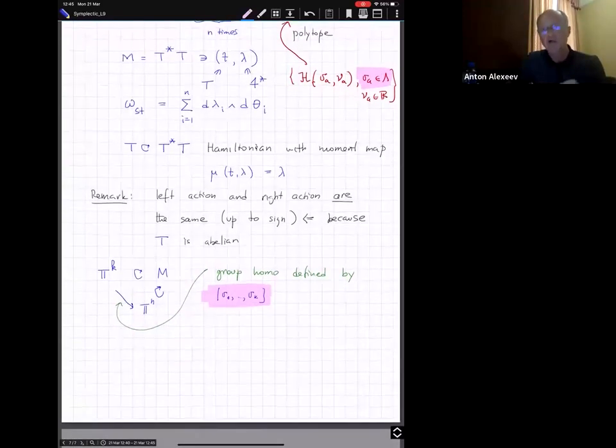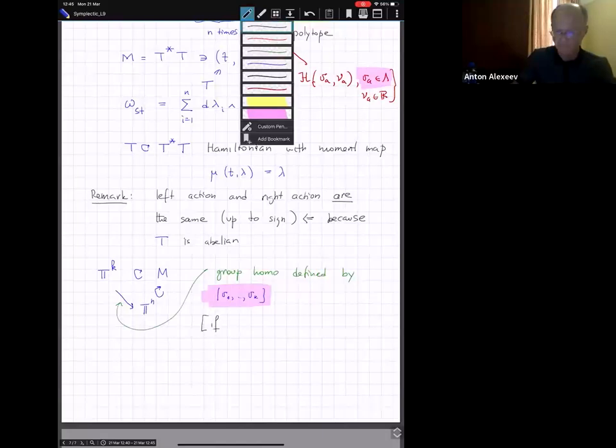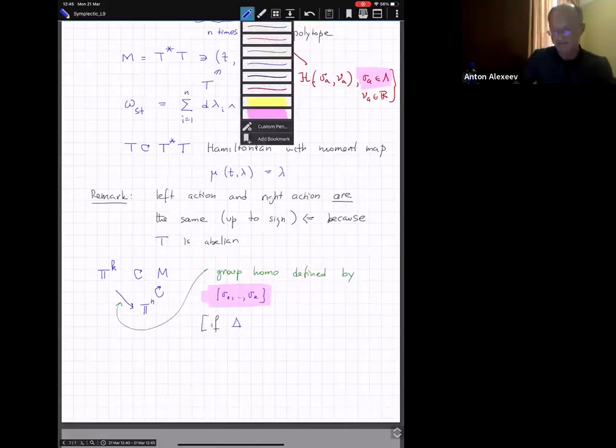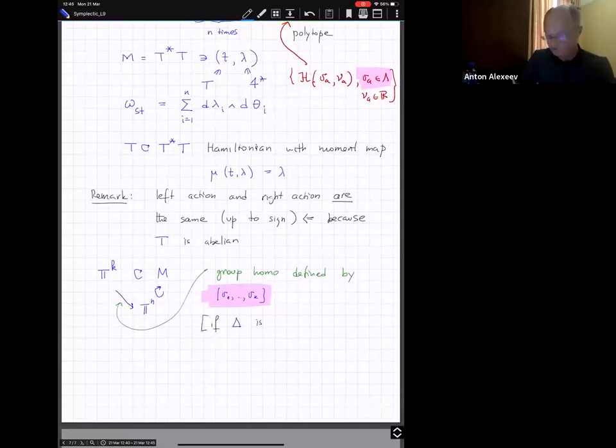So do you think this homomorphism would be injective? Just for dimensional reasons, if delta is compact, then the number of half spaces has to be bigger than the dimension of T star.